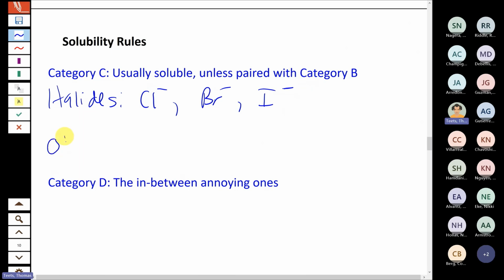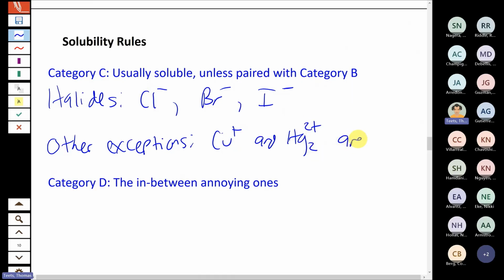And then there's two other exceptions that aren't as common but might come up from time to time. If you have copper+, which is related to silver+, or if you have mercury+, which exists as a dimer, Hg2 2+, those form insoluble halides. Those don't come up as often, but you do want to be aware of them. But halides are usually soluble unless they have basically one of those four cations: silver+, lead 2+, the two that we already mentioned, or these two other exceptions that are less common but do come up.